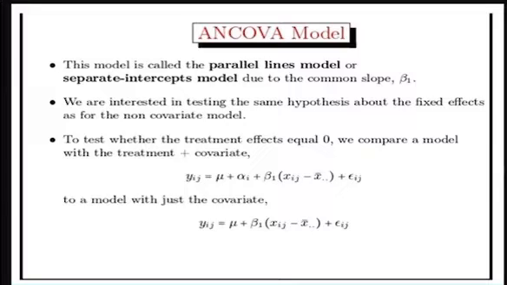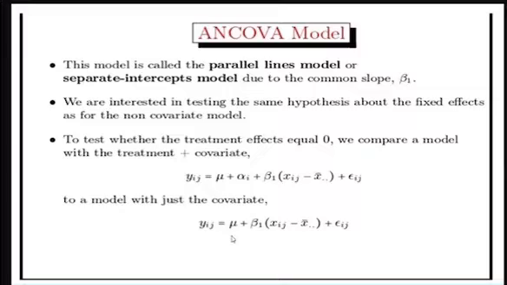At times we may really want to test whether a treatment effect is significant or not. I want you to pay attention to the two models on the board. The first model, Yij equal to mu plus alpha i plus beta times Xij minus x double-dot bar plus eij, is an ANCOVA model with covariate. In the second one, we've already eliminated the treatment alpha i.